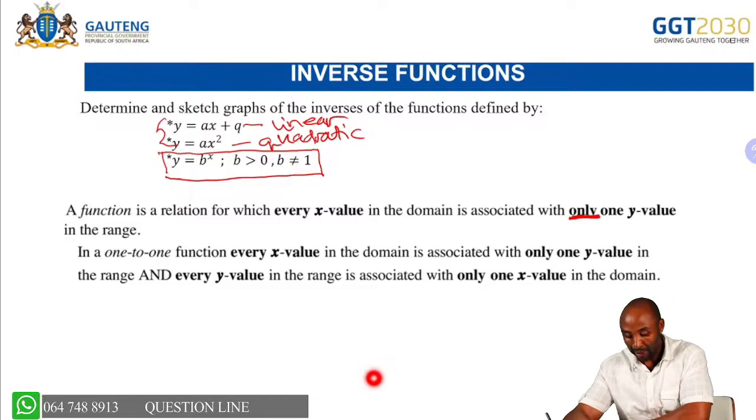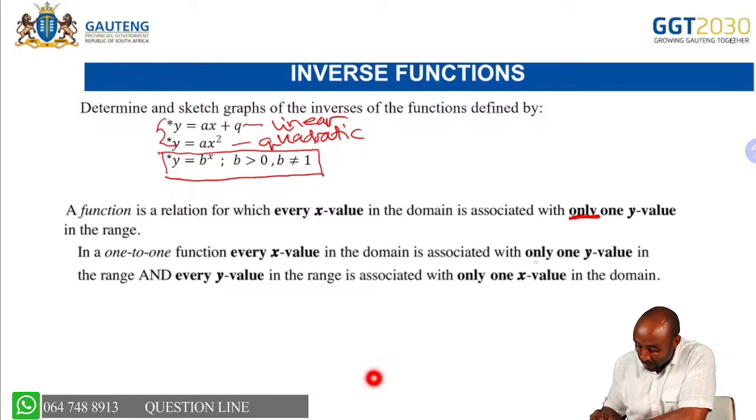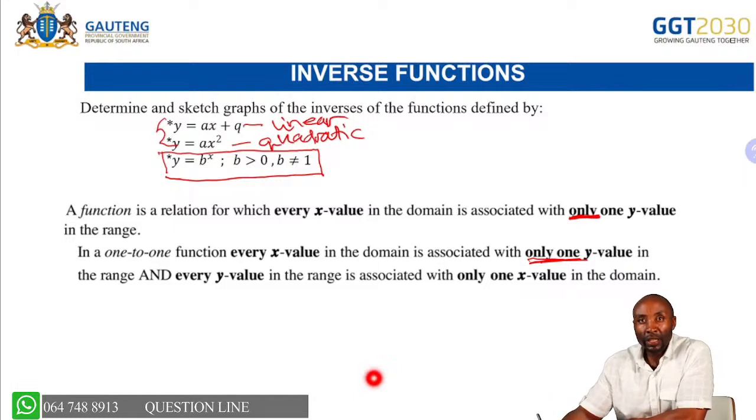I will show you the illustrations as we move along, where for every x value in the domain, it is associated with only one y value in the range. And every y value in the range is also associated with only one x value in the domain. So now, this is a two-way process. One x value, one y value that is mapped into the range. So that's a one-to-one function.